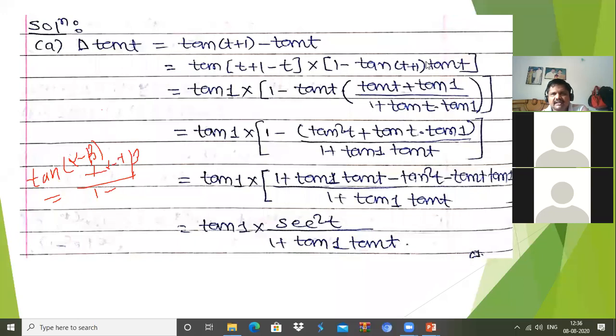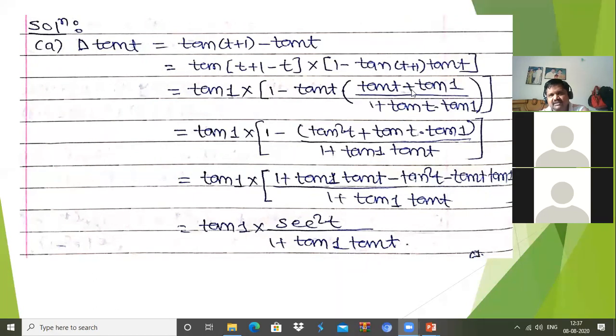So by making use of that, what will you get? tan 1 into (1 minus tan(t plus 1) tan t), and then tan t comes here again, and we have to use the formula for tan of t plus 1.